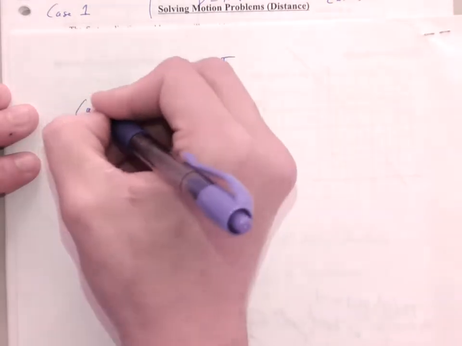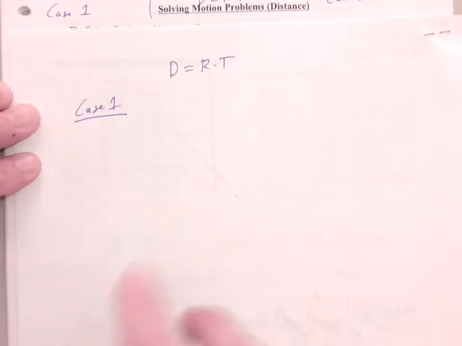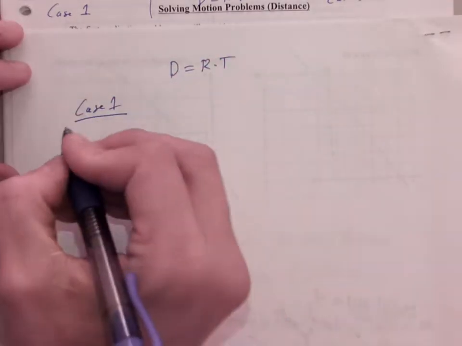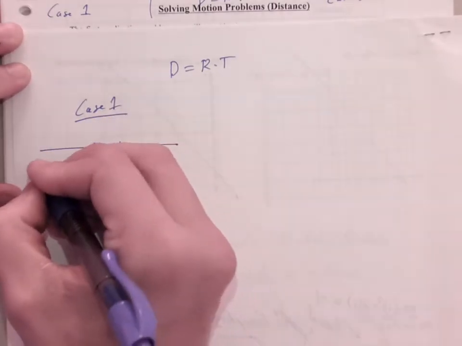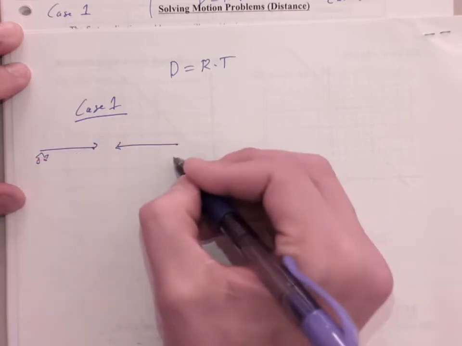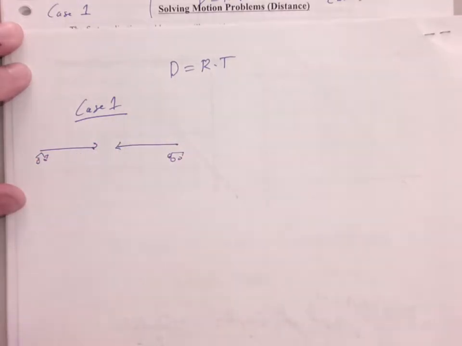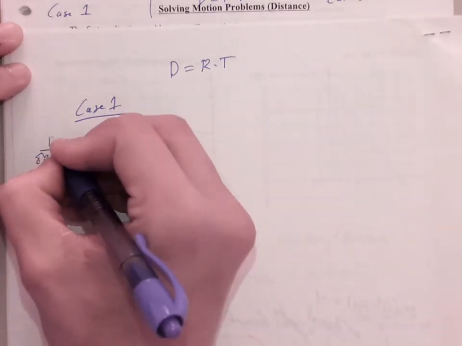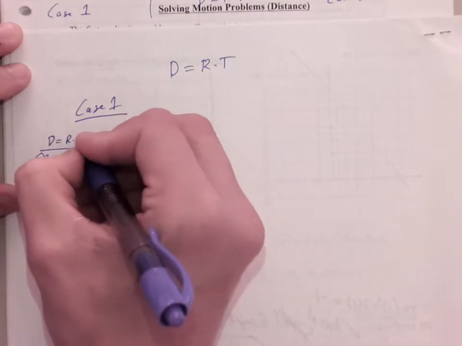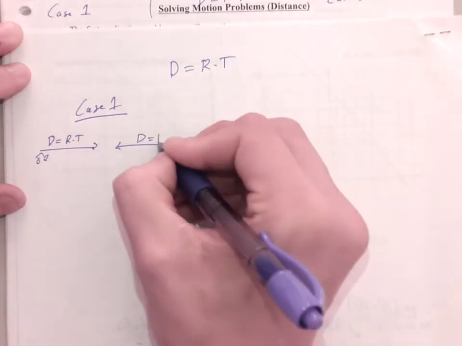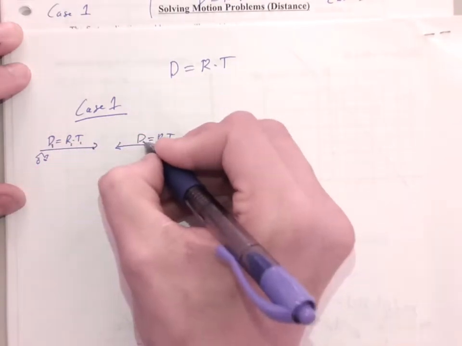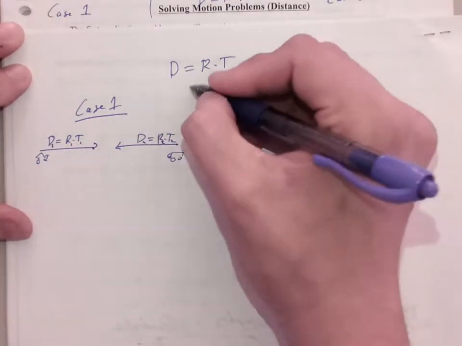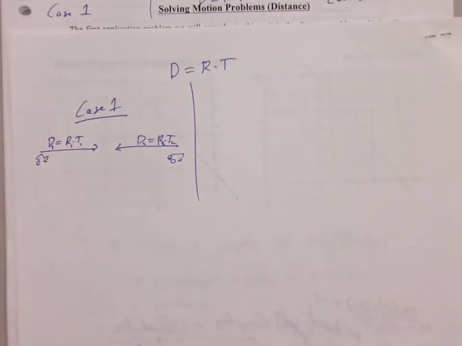In solving these kinds of problems, you have the case where 2 objects, like they could be cars, they could be runners, they could be whatever, are colliding. Each of them gets a D equals RT for every path, and these are different ones. So I'm going to call them sub 1, sub 2. That's case 1 here. Distance equals rate times time.